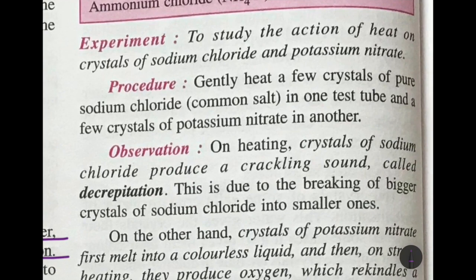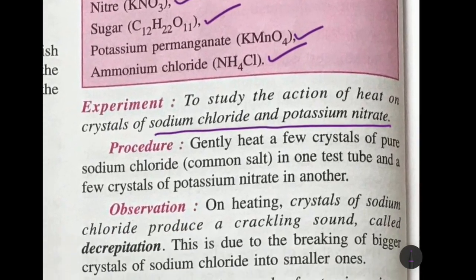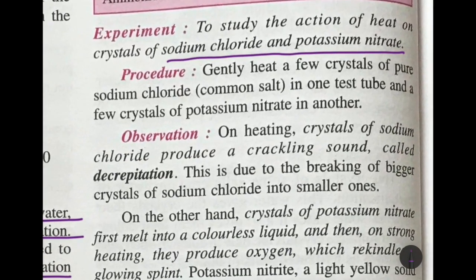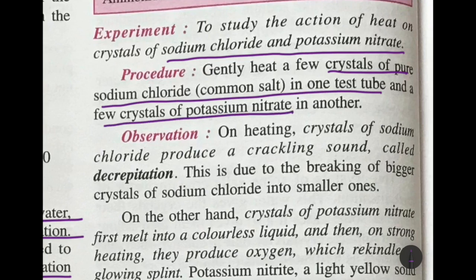Okay, now next we move on to an experiment to study the action of heat on crystals of sodium chloride and potassium nitrate which do not have water of crystallization. So what do we do? We heat a few crystals of pure sodium chloride in one test tube, and in another a few crystals of potassium nitrate. So what do you see as you heat it? You'll see that the crystals of sodium chloride produce a crackling sound.